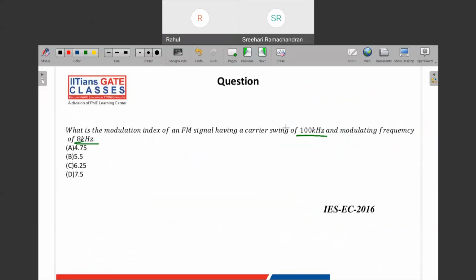The first thing is that it says the FM signal has a carrier swing of 100 kilohertz. So what it means is that we have the f_c, which is a constant value, and we have f_t, which has a swing of around 100 kilohertz with respect to f_c.